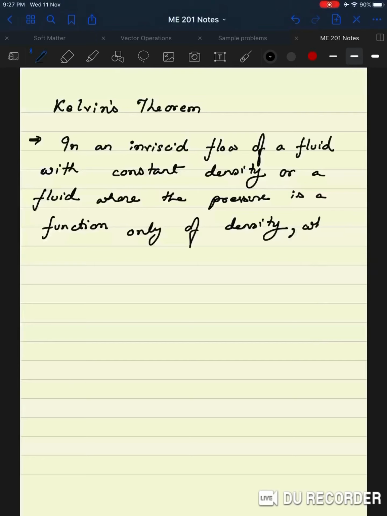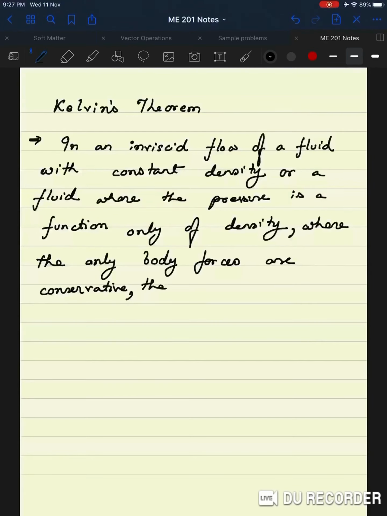and where the only body forces are conservative, the vorticity of each fluid element is preserved.